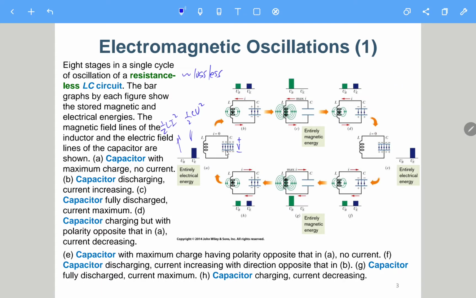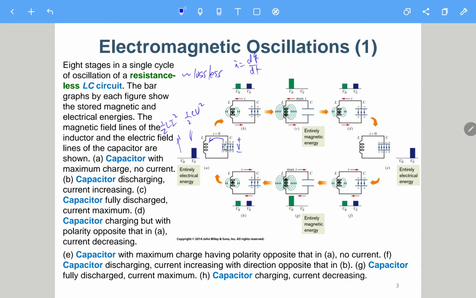So this is the initial moment, and then the charge will go in this way. The capacitor will discharge. There will be some current, because if you still remember, I is dq dt. If the charge amount is changing, then there will be some current.